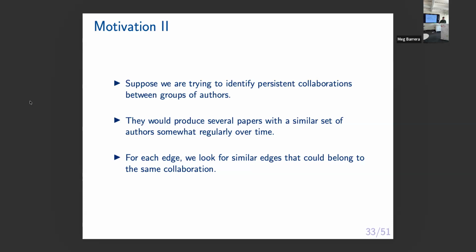But if you consistently write several papers together over the course of some non-trivial amount of time, that's probably evidence of a meaningful connection. So the way we're going to do this is paper edge clustering, to find groups of papers that occur at similar but not identical times, and have similar authors.